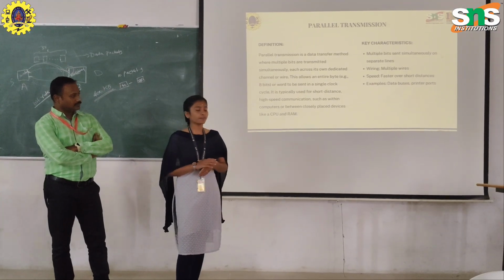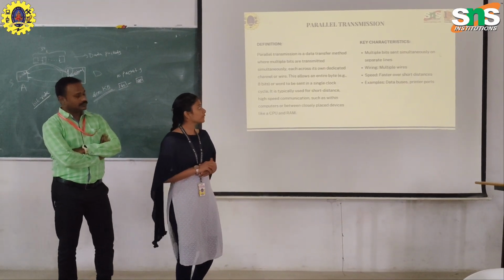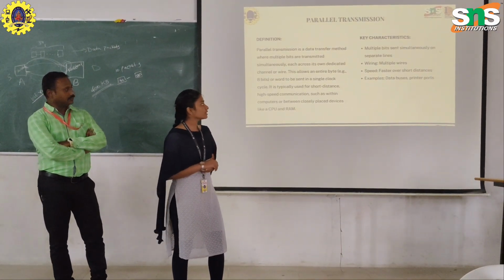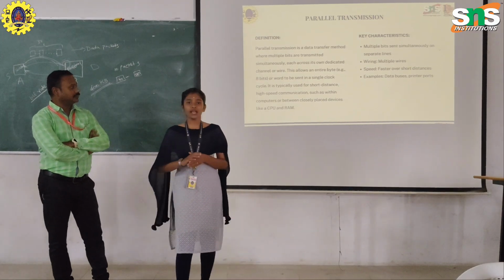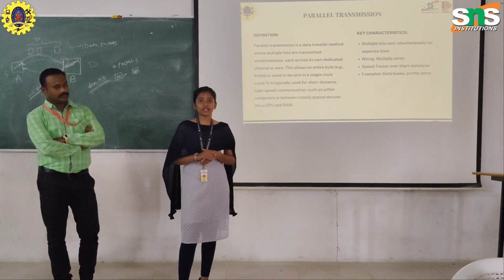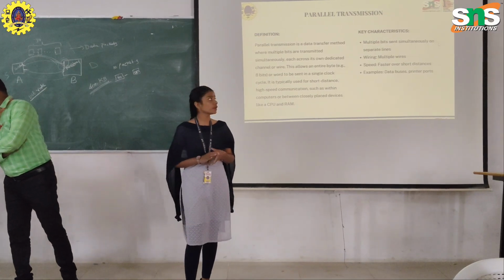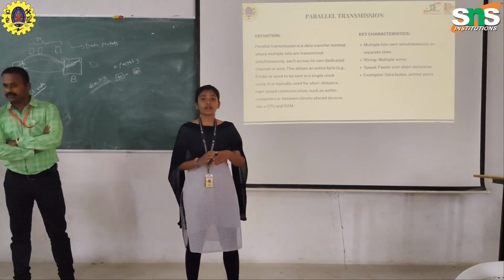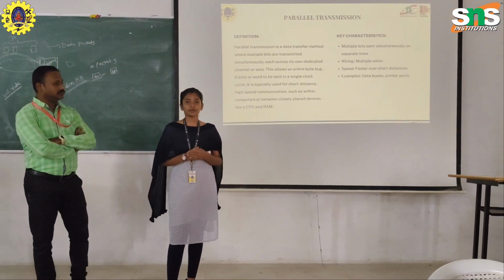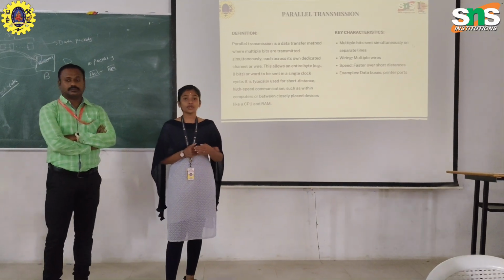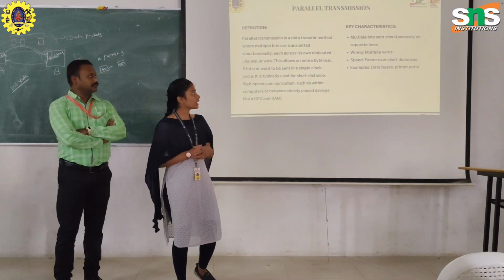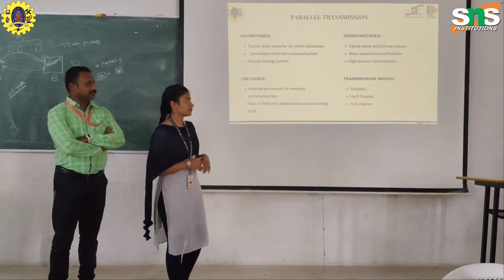The key features are multiple bytes sent simultaneously on separate lines, so we need multiple wires. Speed is faster over small distances. Only over a small distance can parallel communication take place efficiently. Examples are data buses and printer ports.